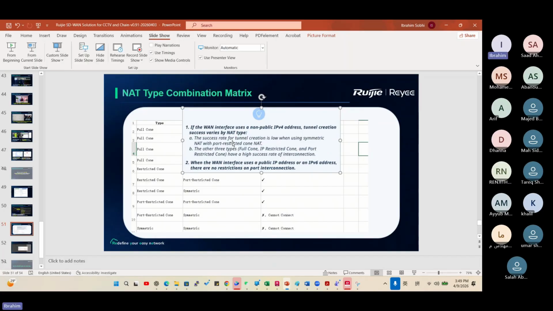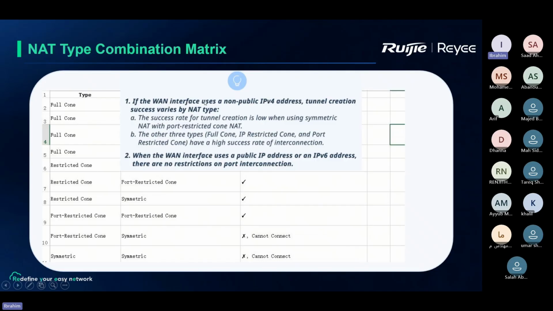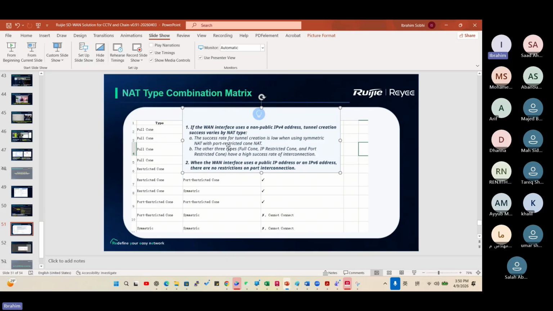If the WAN interface uses a non-public IP, let's read this together: tunnel creation success varies or depends on the NAT type. When we are using symmetric NAT, the success rate of initiating the tunnel is very low. When we are using the other three types, we have a high success rate of interconnection.